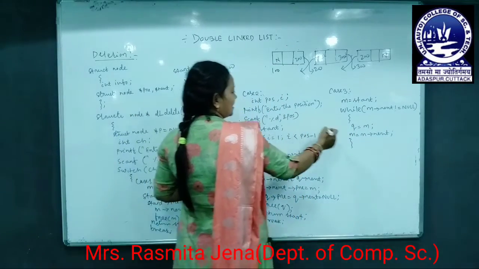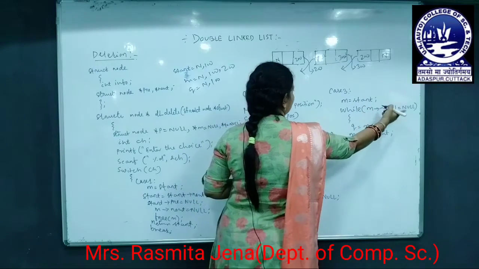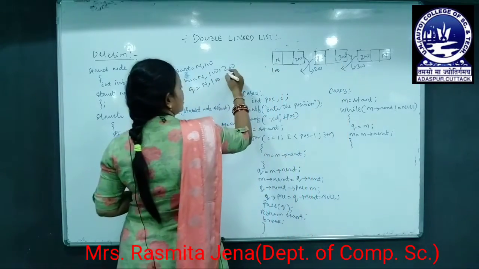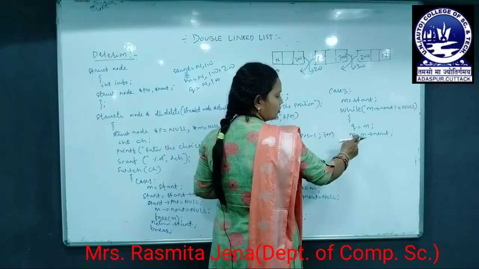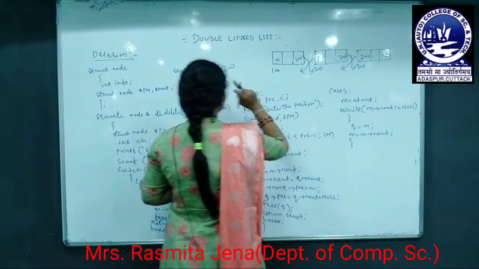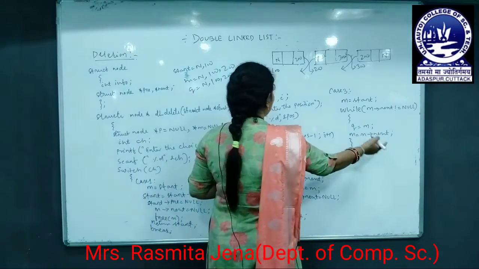Then we again go for the loop execution. m next is not equals to null, that means 200 next is not equals to null. So the condition is again true. As the condition is true, we execute the loop body statement, that is q equals to m. So m is 200 and q becomes 200, and m equals to m next.